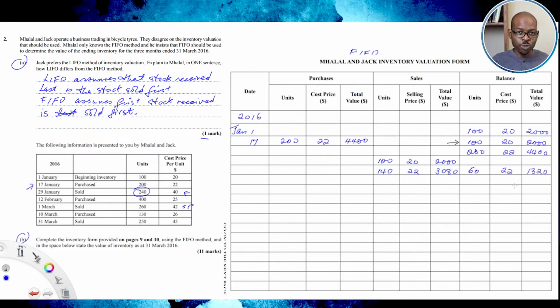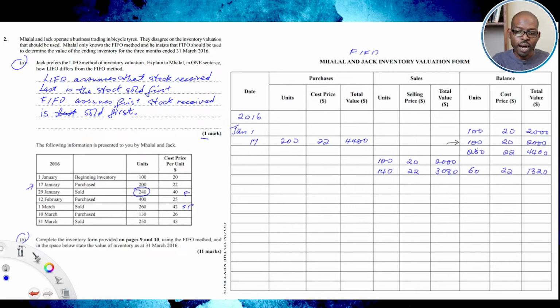Okay. So don't just take the 240 and choose the first quantity, which is 100 units at 20, and just put 240 on the sales at 20. That is unrealistic. It doesn't reflect the FIFO method. There's only 100 units that came in the first batch that is taken up, and you still need 140.